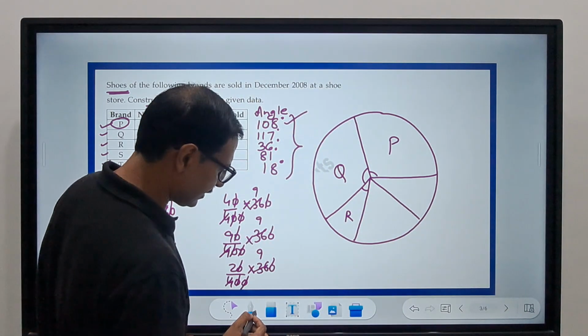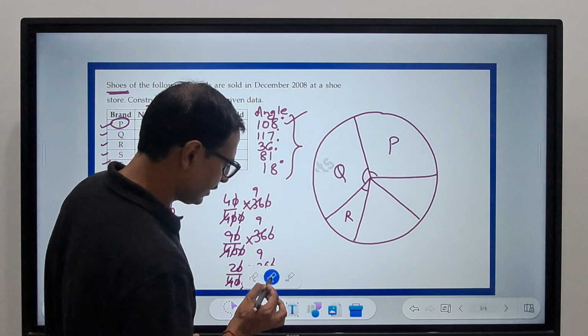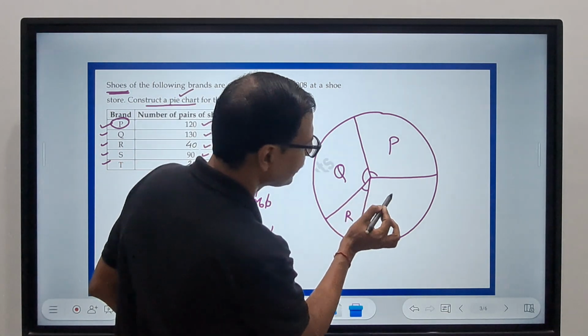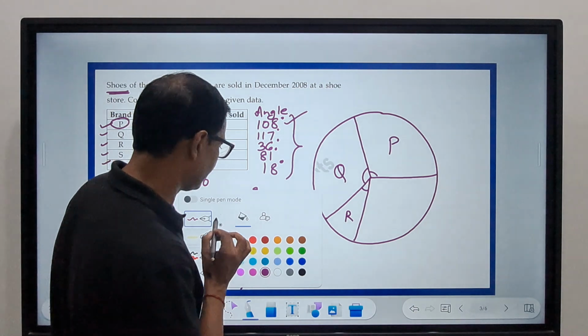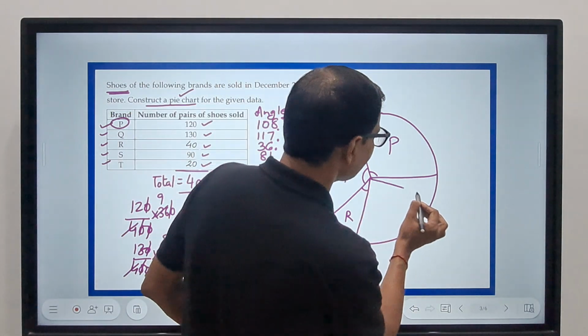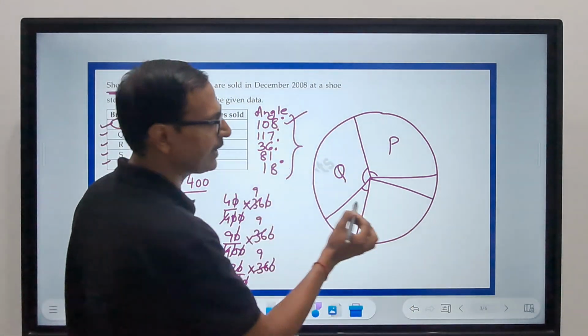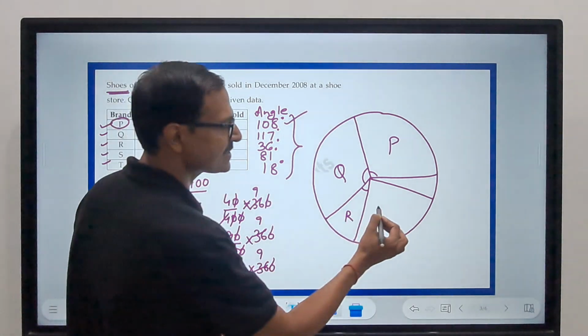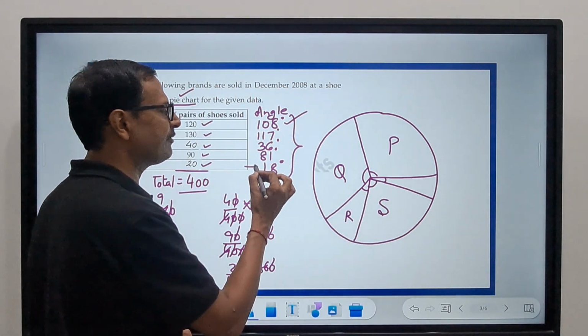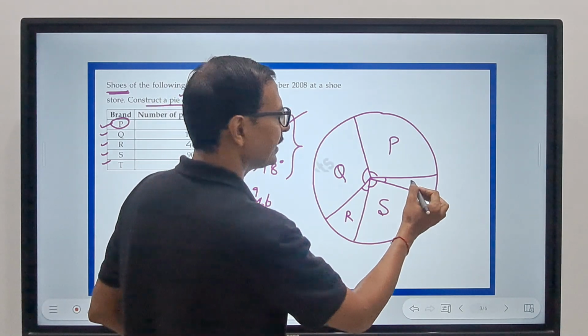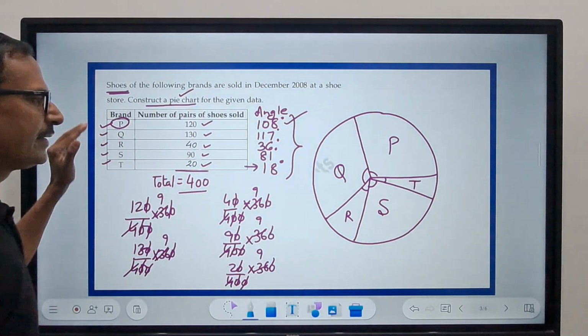Or I think this is a little away from here, so I am going to rectify this. Somewhat like this. So this is 81 degrees, S, and then 18 degrees, the last one will be left by itself, and this is T.